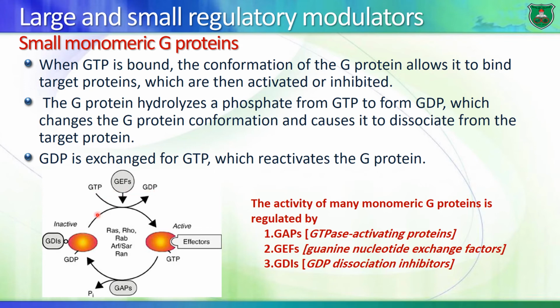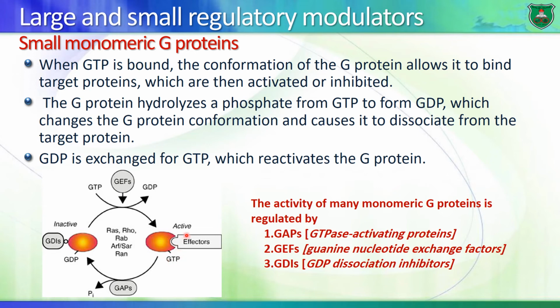If you look at the previous slide, you have GDP coming out, and then another molecule of GTP coming in. So regardless, what happens here is that you have exchange. GTP replaces GDP.